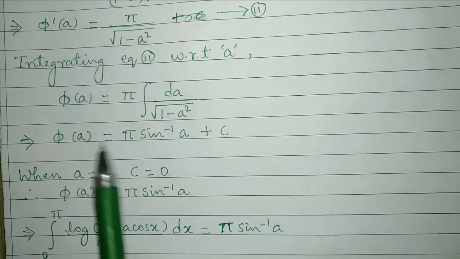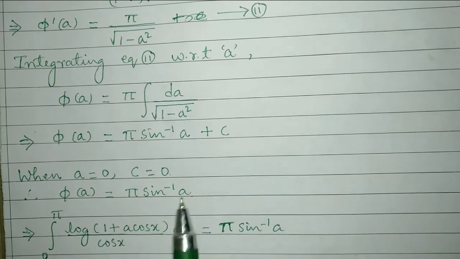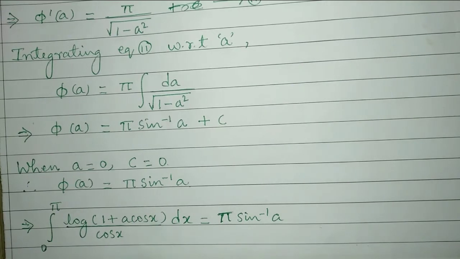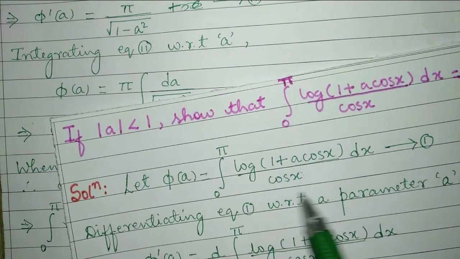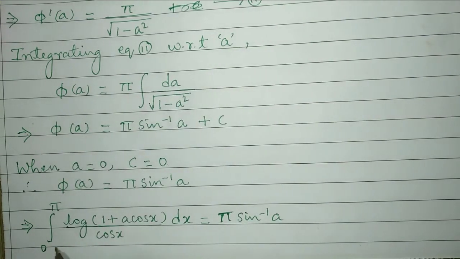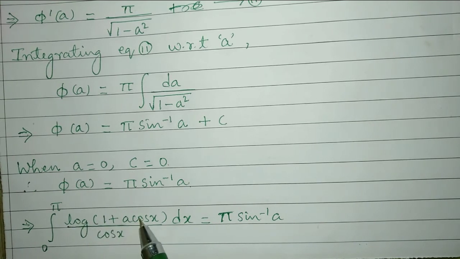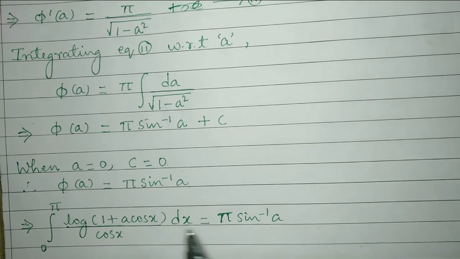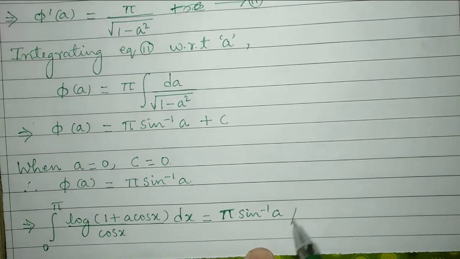Hence your phi a is pi sine inverse a. From the beginning we assumed that phi a is equal to this integral. Then we conclude that the integral from 0 to pi of log(1 + a cos x) by cos x dx is equal to pi sine inverse a.